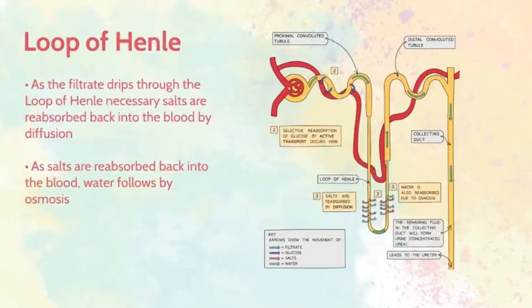So this is why it's important the ascending limb is impermeable to water. Salts are still actively transported in the medulla. Again, this is because it's going against the concentration gradient, creating the salt concentration gradient and raising the water potential of the filtrate.